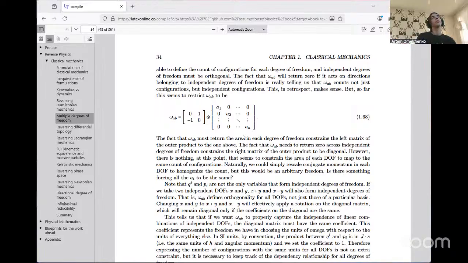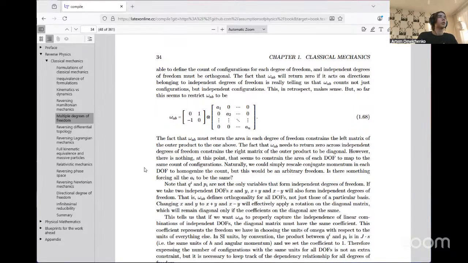The fact that omega AB must return the area in each degree of freedom constrains the left matrix of the outer product to the one above. The fact that omega AB needs to return 0 across independent degrees of freedom constrains the right matrix of the outer product to be diagonal.